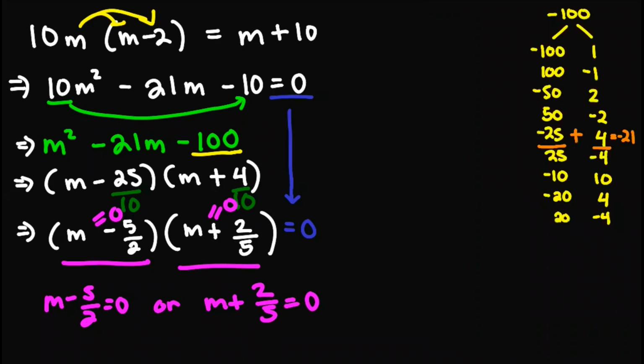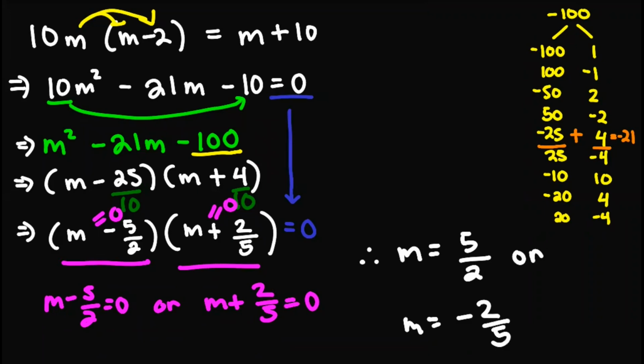Solving for these cases, we'll obtain m equals 5 over 2 or m equals negative 2 over 5. And that is our final answer.